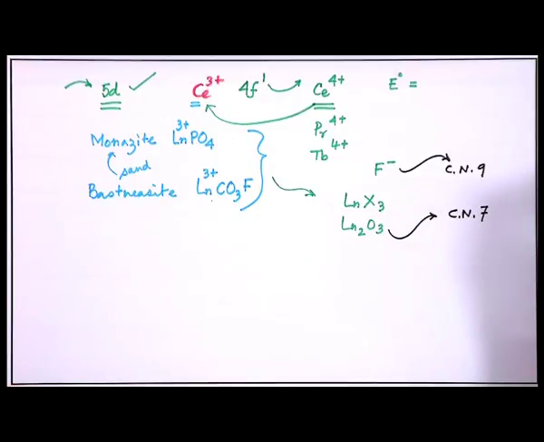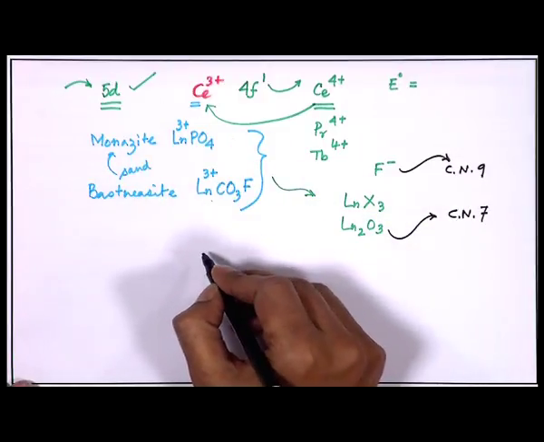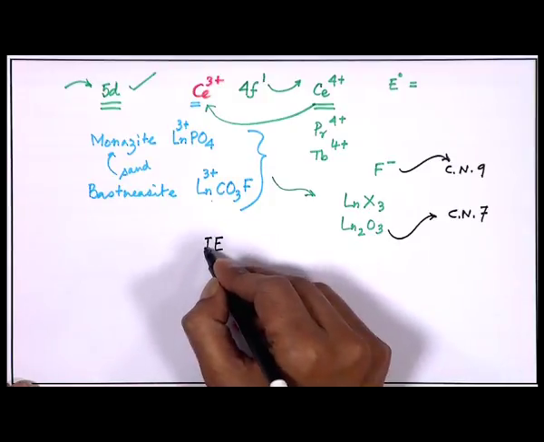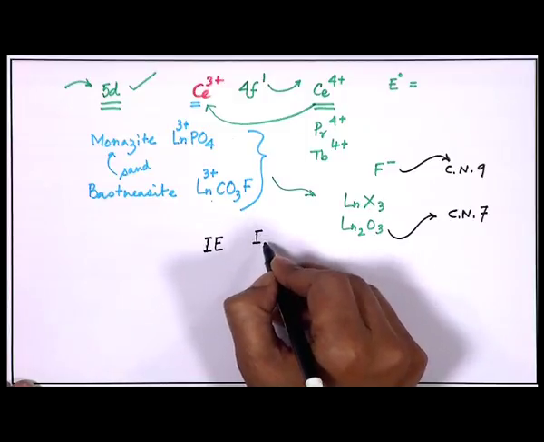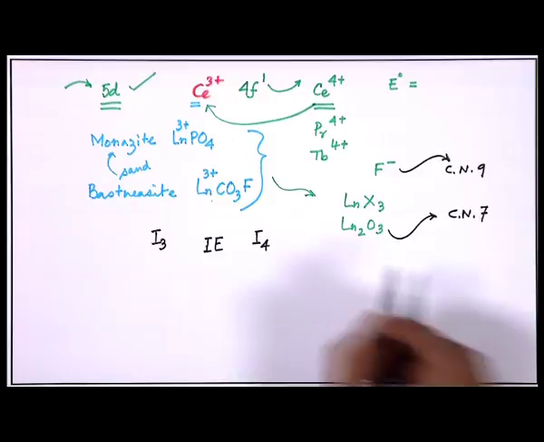So, for the formation of these, and for cerium, basically when cerium is forming, the ionization enthalpy for the 4th electron transfer, that means the I4 after I3, the 3rd electron transfer, it is the 4th electron transfer.